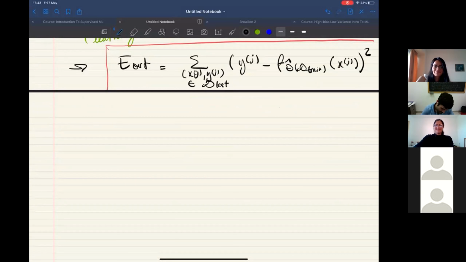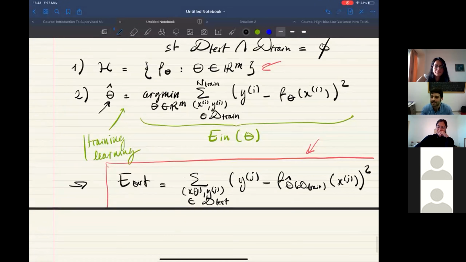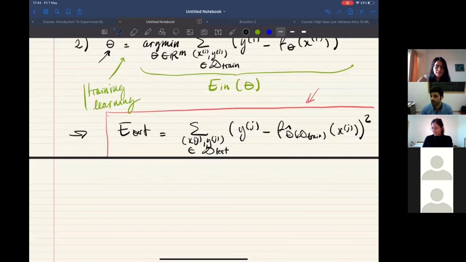So the idea is that, of course, we cannot say anything for a specific realization of the training data. We can only say things on average. We are statisticians, so let's do statistics. When we do statistics, what we like to compute is an average quantity.